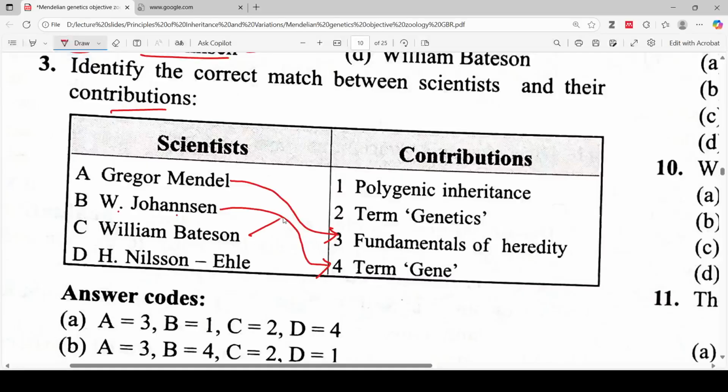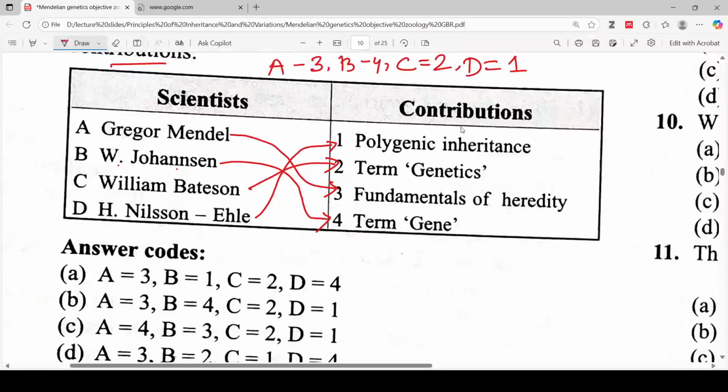William Bateson's term is genetics, and H. Nilsson will match with A. So the correct match will be A 3, B 4, C 2 and D 1. So here the correct answer will be option B. Next question.